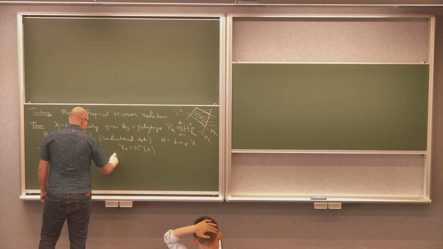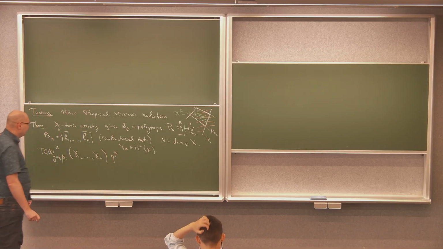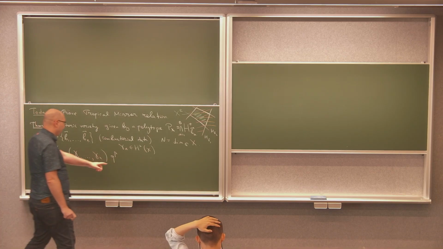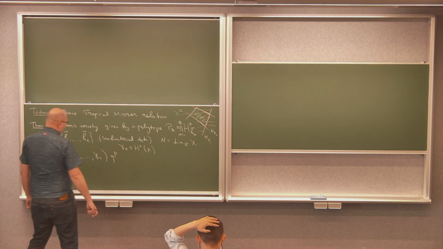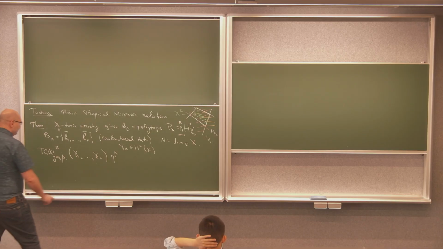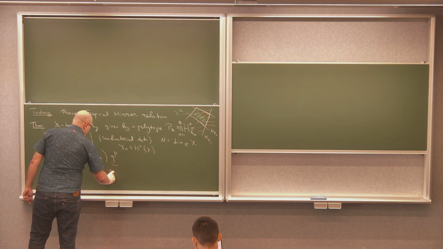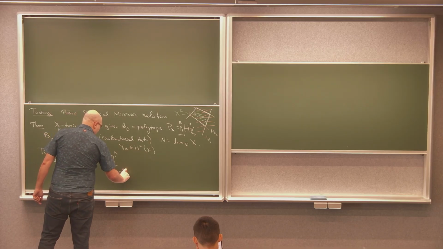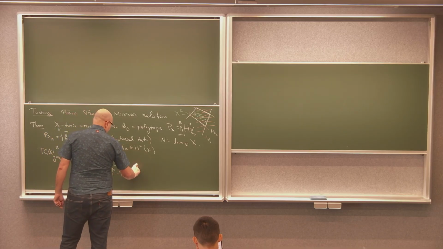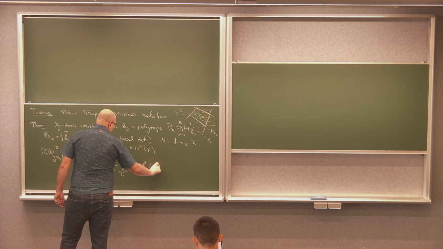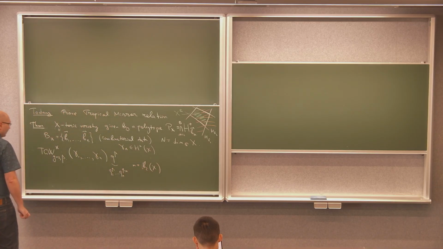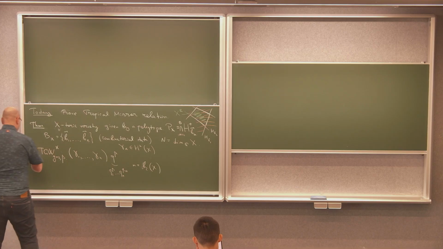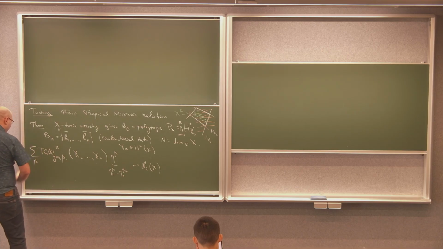And then we do the following thing. We weight this expression with some formal parameter q to the power beta. So this expression is q_1 to the beta_1 and so on, up to q_m to the beta_m, where m is the second Betti number of X. So we perform the summation over all these betas.